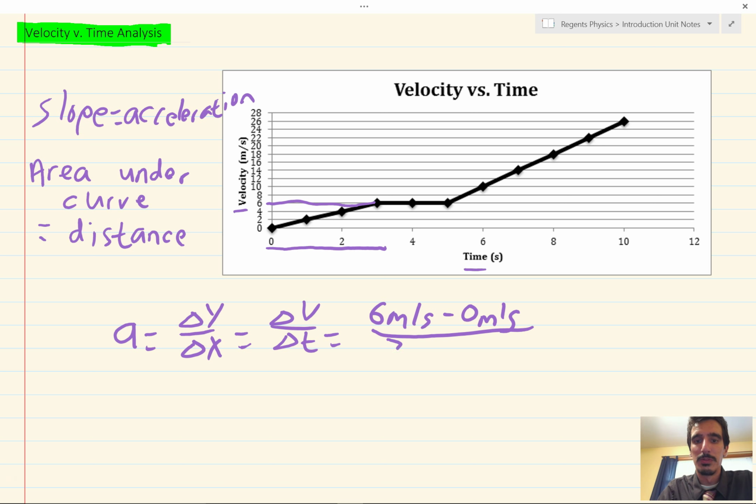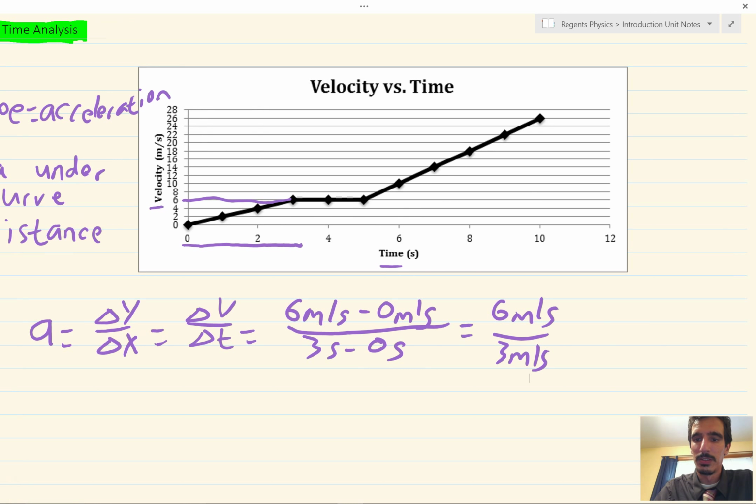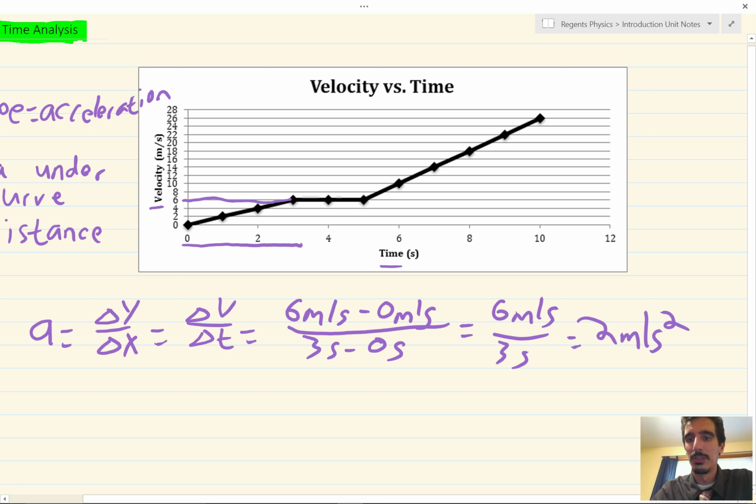And we're going from 0 seconds to 3 seconds, so 3 minus 0. 6 minus 0 is 6. 3 minus 0 is 3 seconds. And 6 divided by 3 is 2 meters per second squared. So the slope tells us the acceleration.